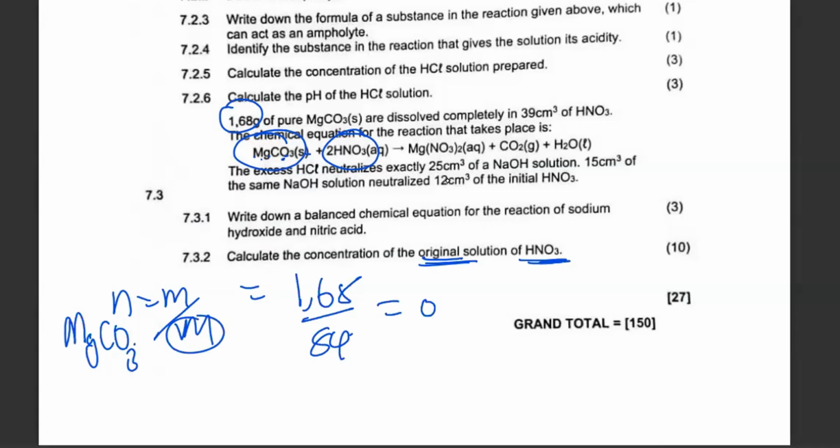So this gives me 0,02 moles. These are the number of moles of magnesium carbonate that was dissolved in 39 cubic centimeters.